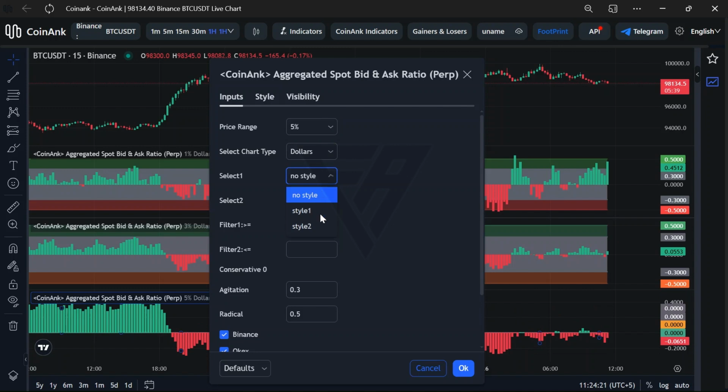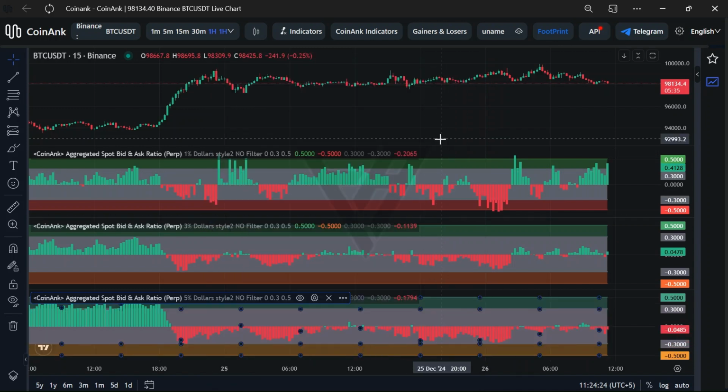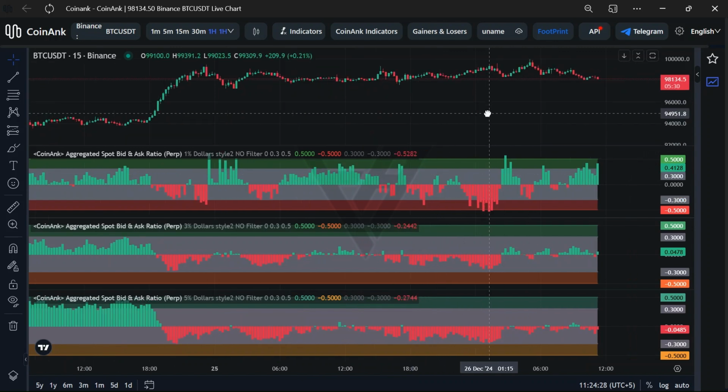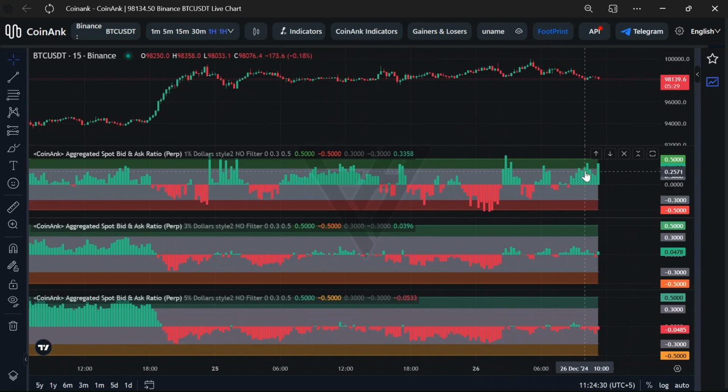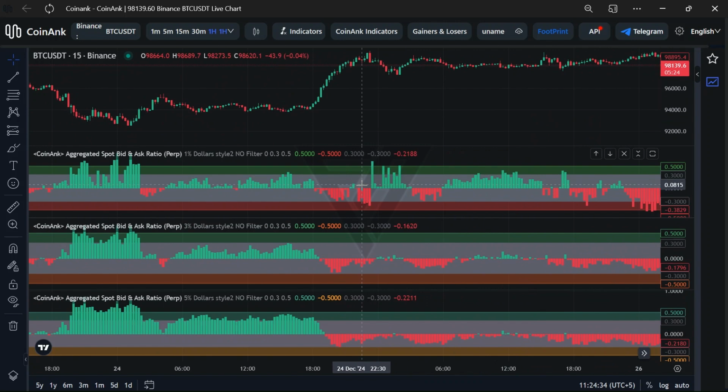I would suggest you guys play around with settings, test out various ranges and exchanges, and use the ones which suit your trading style.